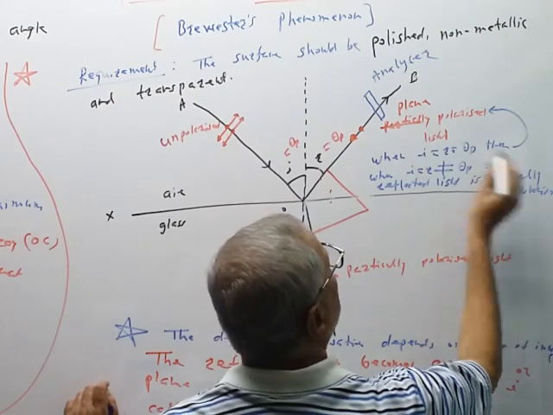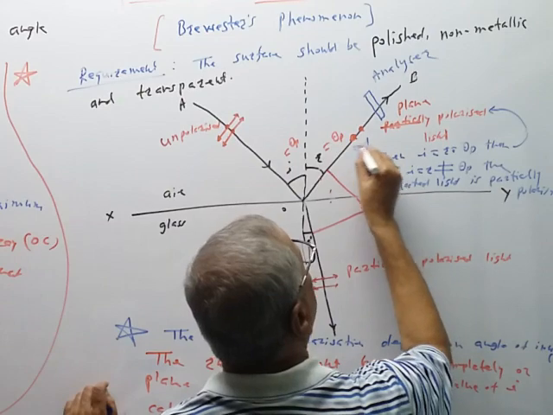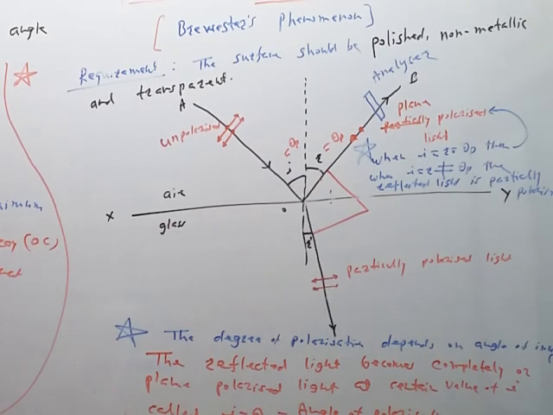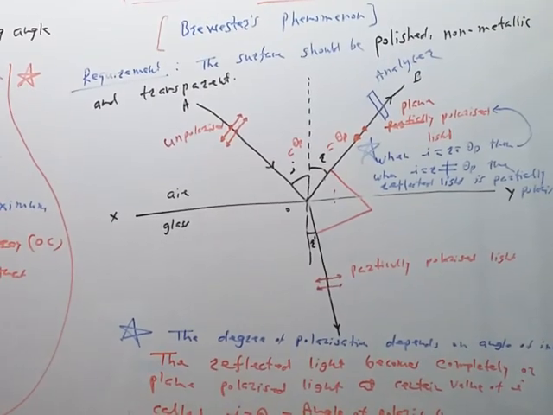It is not plane polarized. So this is the only one case. When I is equal to theta p, then the reflected light becomes plane polarized. So plane polarized light is obtained by using the phenomenon of reflection of light in this way, like this. So this is the Brewster's phenomenon.